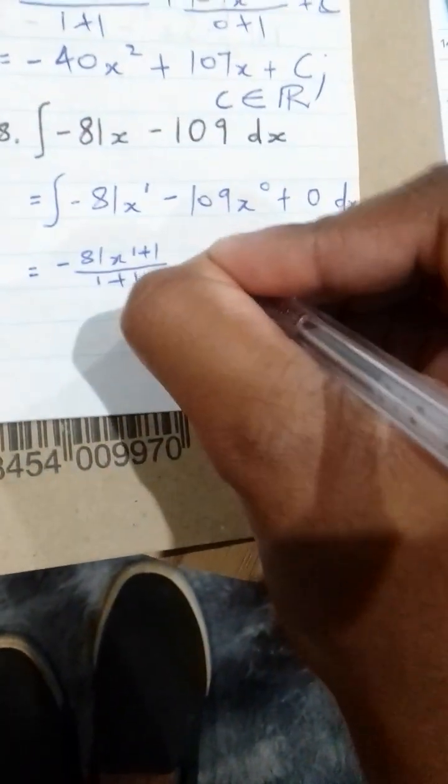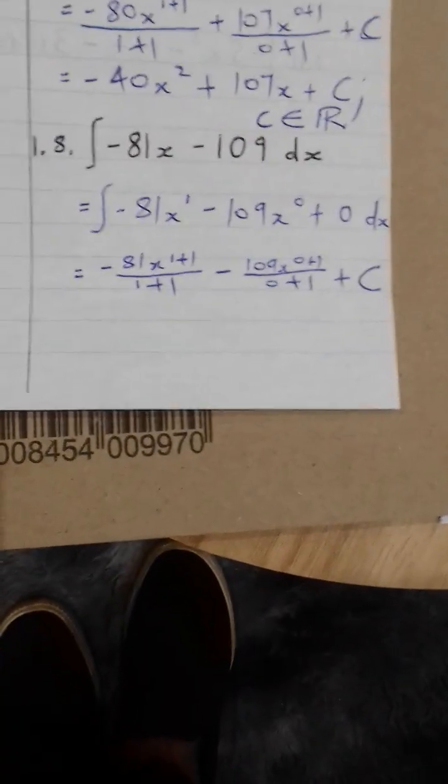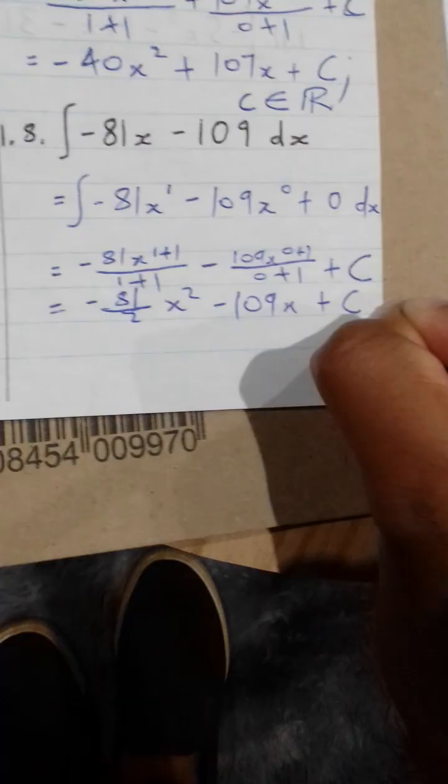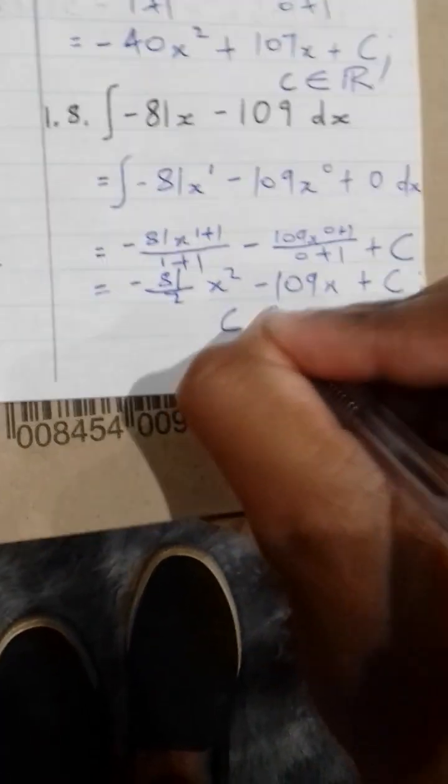This is going to be negative 81x to the power of 1 plus 1 over 1 plus 1 minus 109x to the power of 0 plus 1 over 0 plus 1 plus c. Negative 81 over 2 x squared minus 109x plus c. C is an element of real numbers. Okay, hope that is clear and I hope that makes sense.